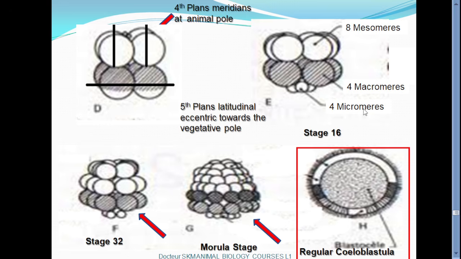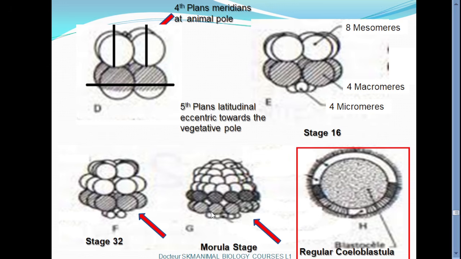After the stage 16, the 16 cells will divide to form 32 cells. The 32 cells continue their divisions, and we obtain a mass of cells, which is what we call the morula.